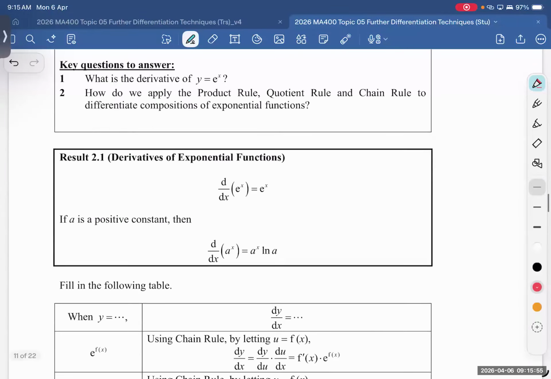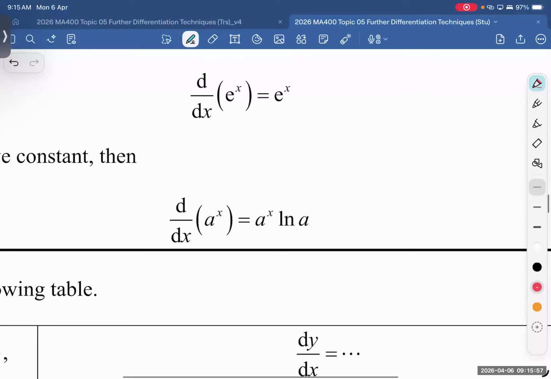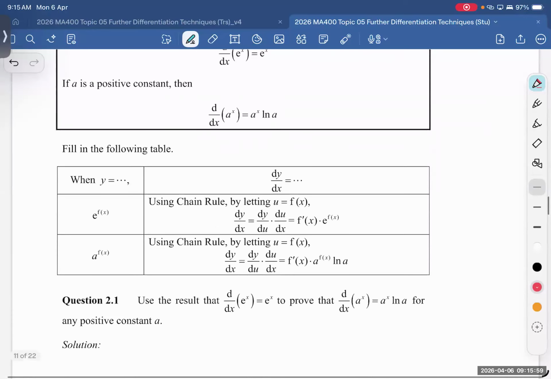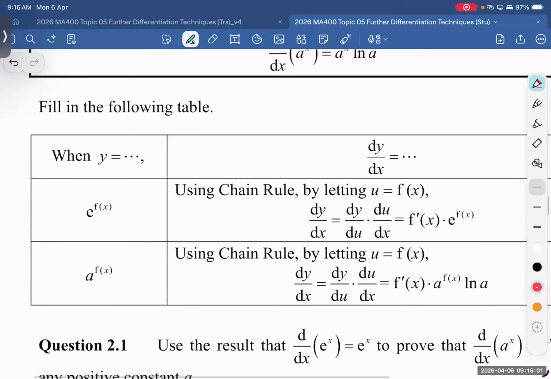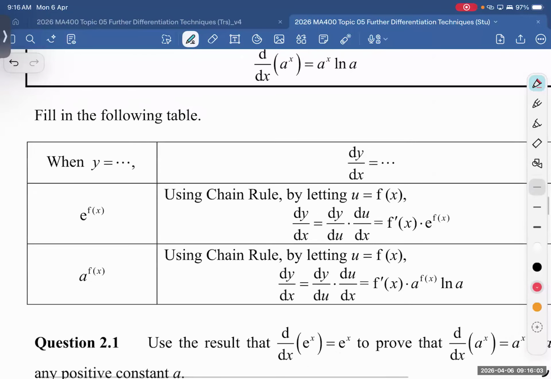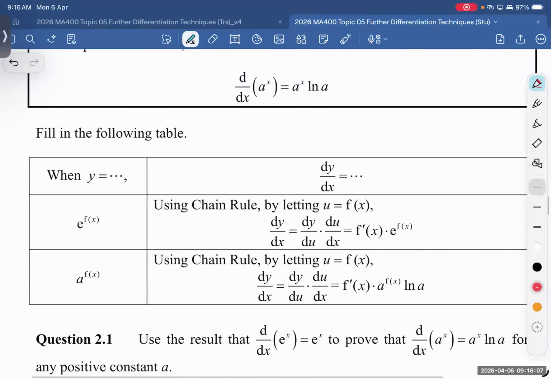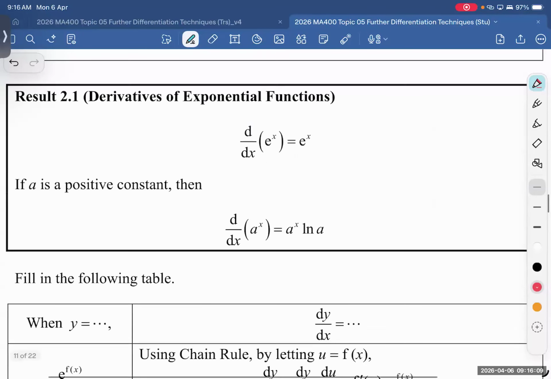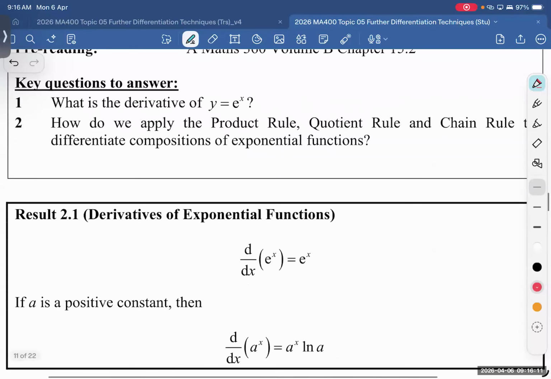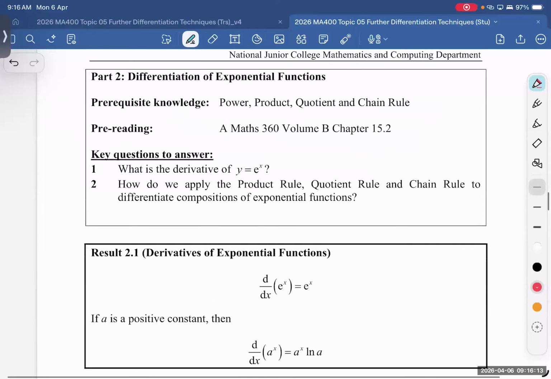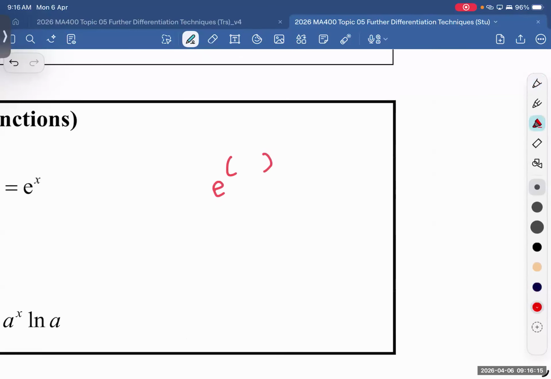Then after that, a^x, we'll show this later. What if you are differentiating e to the power of f(x)? Think of this as outer layer and inner layer. e power something is the outer layer. f(x) is the inner layer.